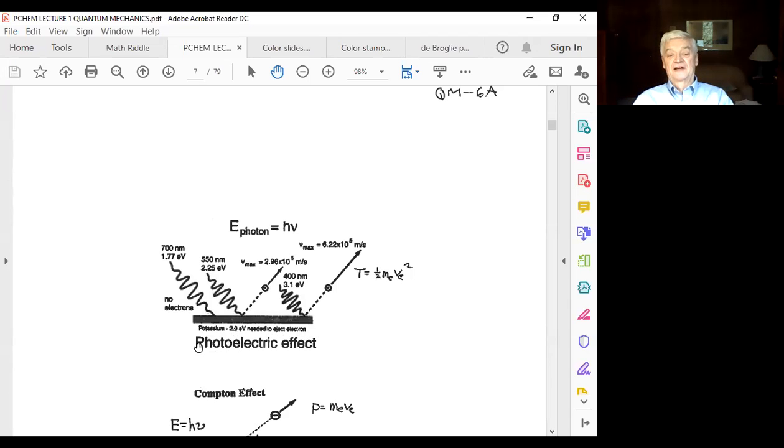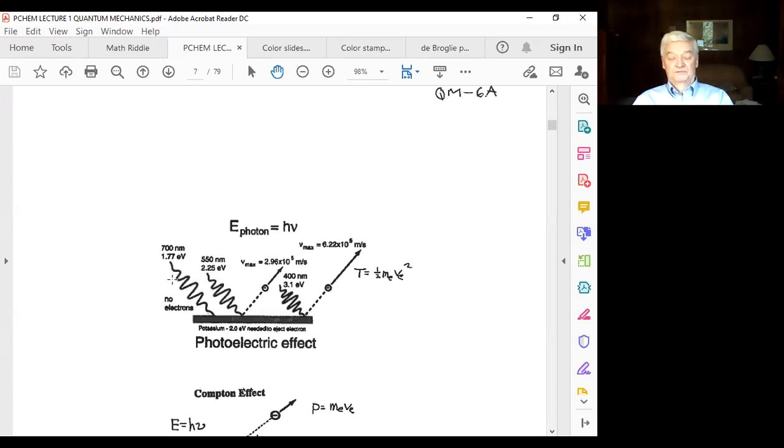In this case, we have potassium. And at some point, when the energy gets high enough, you start getting electrons coming off. And the electrons are going to have a certain kinetic energy, just by our standard Newtonian type formula, 1/2 m_e v_e squared. Here, m sub e means mass of the electron, v sub e means velocity of the electron. But look at what we have. If you shine light at 700 nanometers, this happens to be red light.